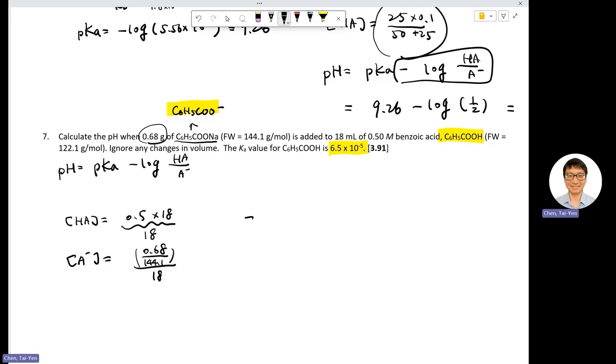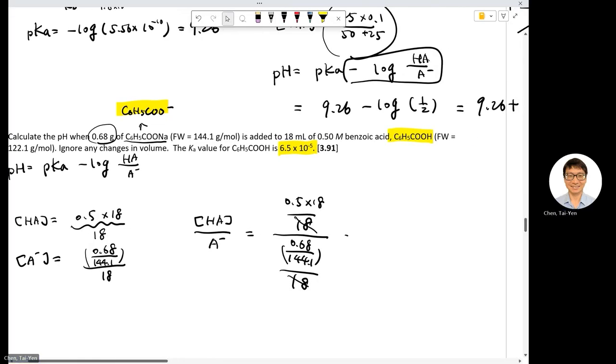Therefore, when you compute your HA over A minus, it equals 0.5 times 18 divided by 18. The bottom one will be 0.68 divided by 144.1 divided by 18. And this cancels out.